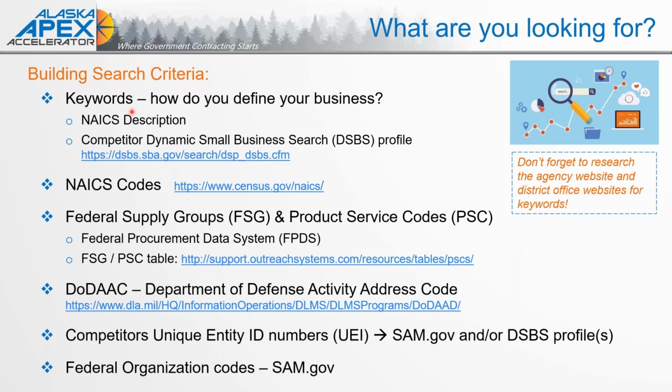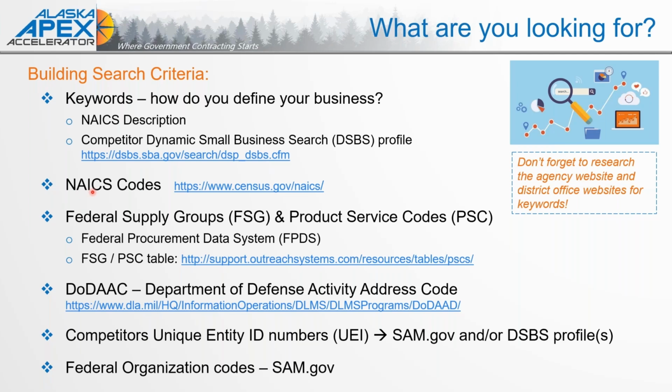But this is going to be our number one definitive process for figuring out what it is that we're looking for. We can figure out keywords by looking at NAICS code descriptions. NAICS codes, and you can see the website here, is the North American Industry Classification System, but that's how it's defined.